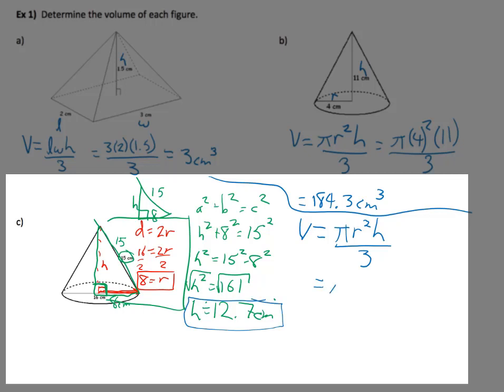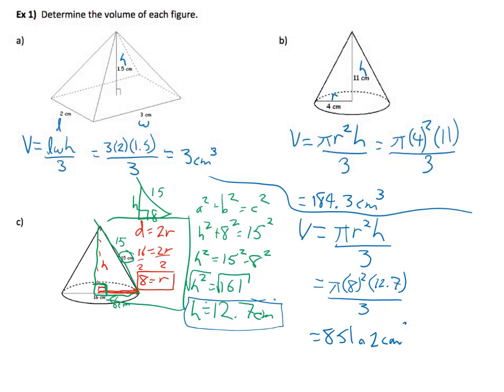So we can sub this in. Pi times 8 squared times 12.7, all divided by 3. Plug that all into your calculator. You should get 851.2 centimeters cubed, right? Because it's volume, so it's cubed.